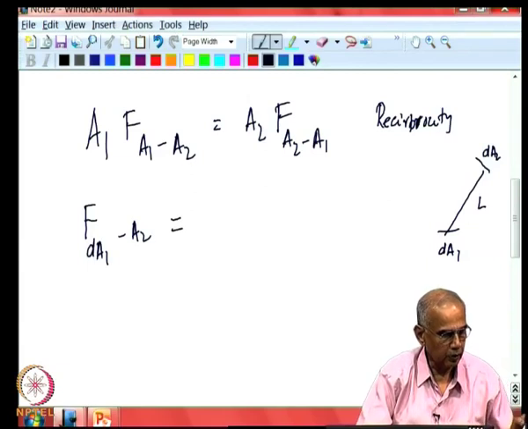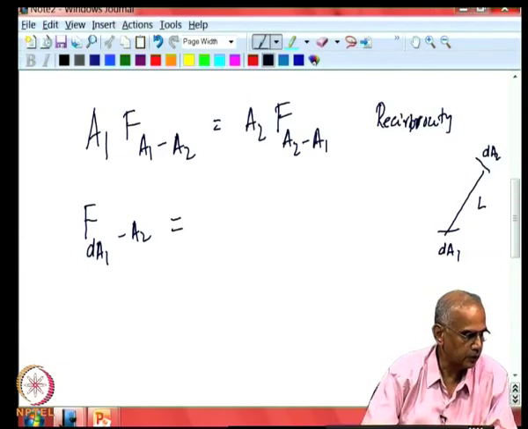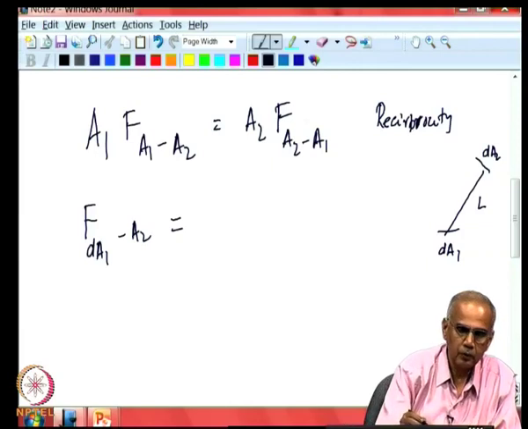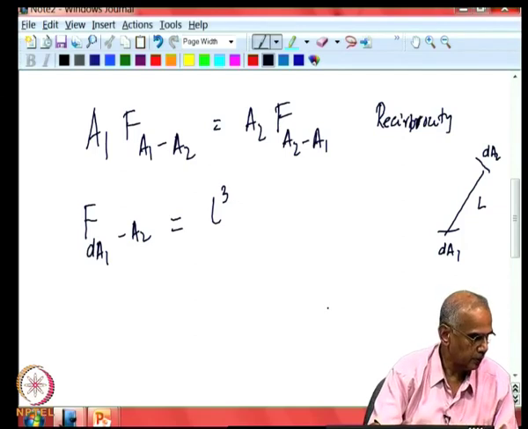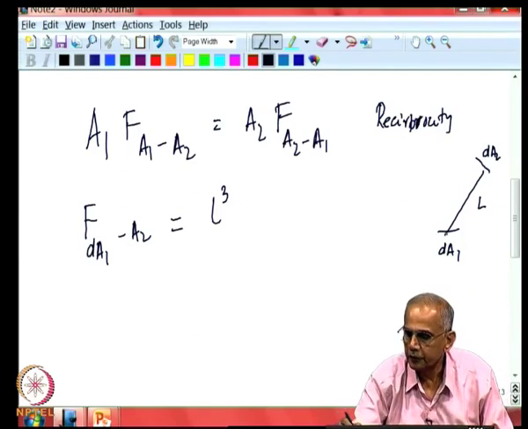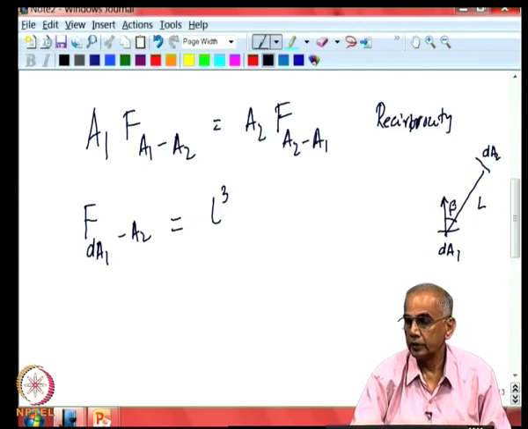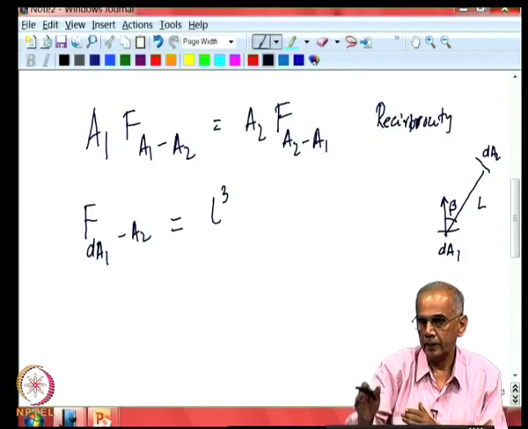So, you can do all the simple geometry that this calls for, and one can easily show that this angle between the normal to the surface and this is beta. This is not theta 1, theta 1 is the 3-dimensional angle.